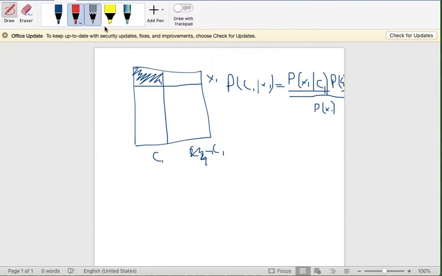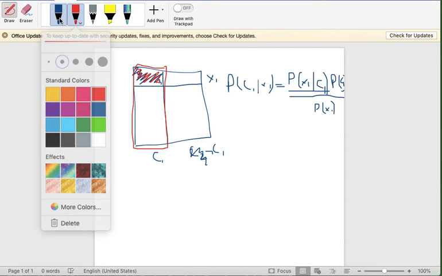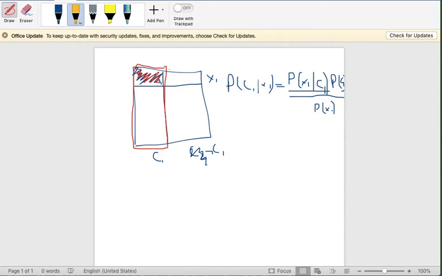So it's this part up here, out of this part over here, multiplied by the probability of C1. The probability of C1 is this left-hand side rectangle out of the entire rectangle.